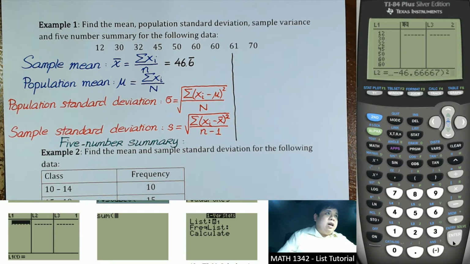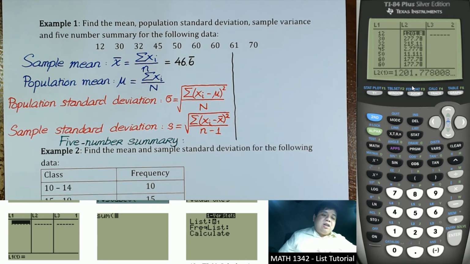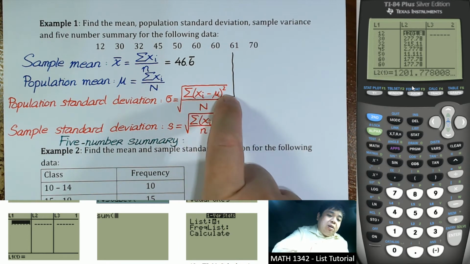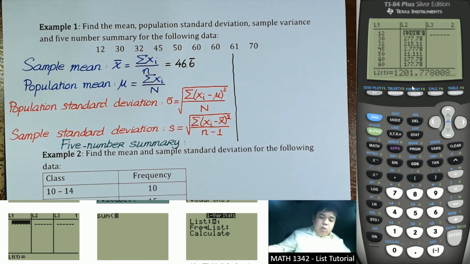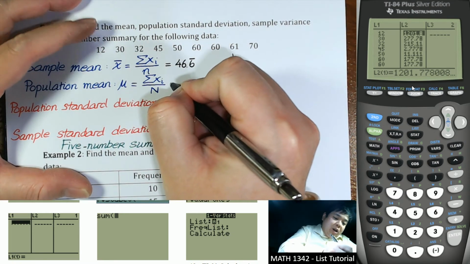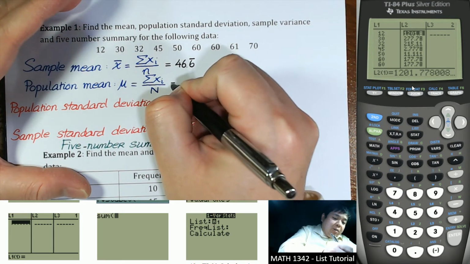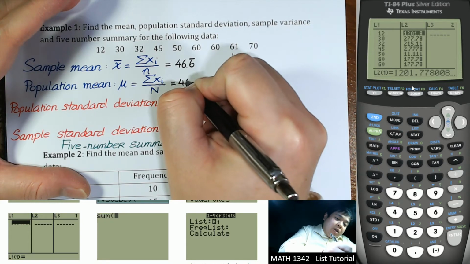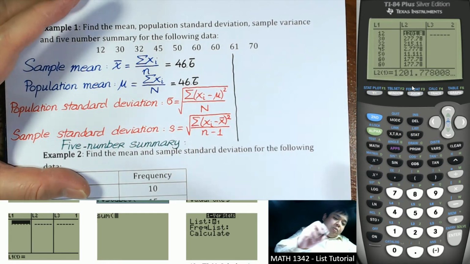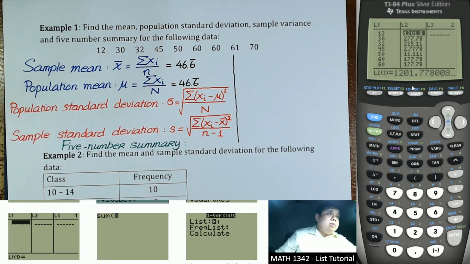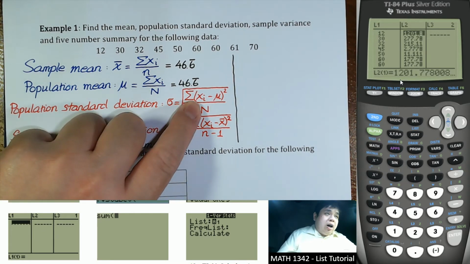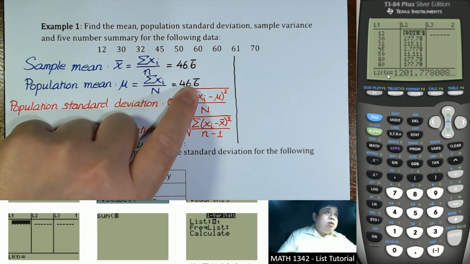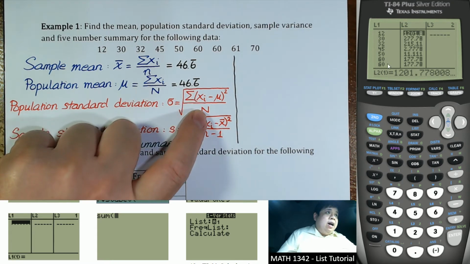And when we hit enter, it calculates all of that already. Now, all we need to do is calculate the sum of xi minus mu, squared. By the way, in this case, the mean of the population is still the same thing, also 46.6, if it is the population. So we take all the values, subtract that mean, and then square.